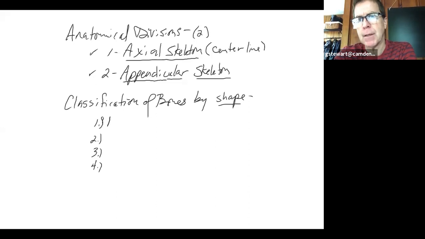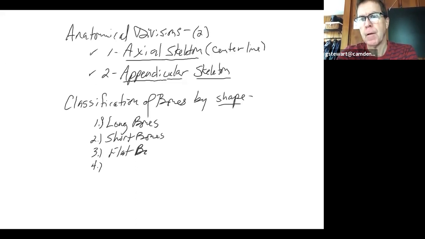And it's really easy. There are long bones. I'll do it in the order of your book. Short bones, flat bones, and any bone that doesn't fall into 1, 2, or 3, typically we call an irregular bone.